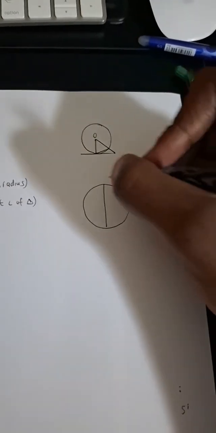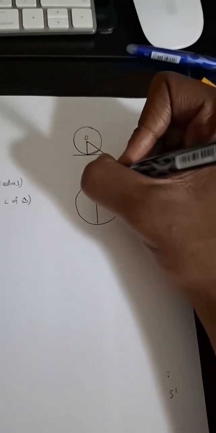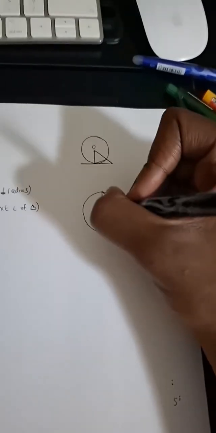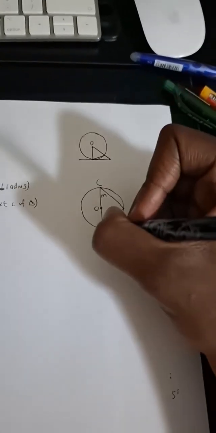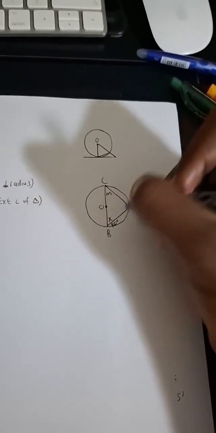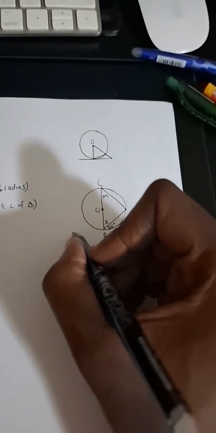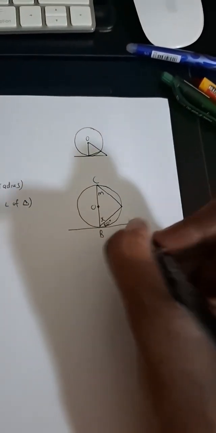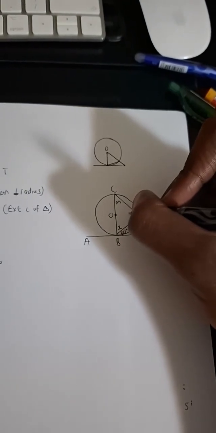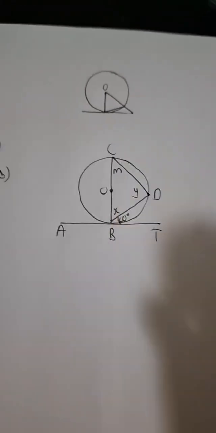Okay, let's do this one. We got that O there. Angle MCB is 40 degrees. Our tangent there, which is ABT as usual. We've got D there, we've got a Y. Right, let's go. You're up.